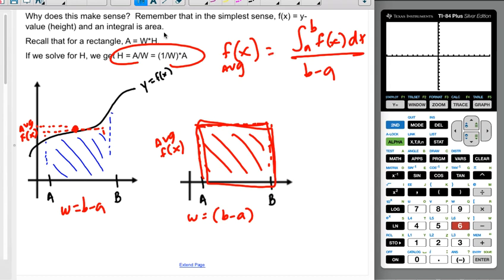So it's the area divided by the width, but the area is the integral and the width is the change in x values. That's why this formula is what it is. So we're saying that this blue area, this curvy blue area that I'm doing a terrible job of drawing, has the same area as the red area. The red area is a box. The blue area is a curvy, irregular shape, but they have the same area.